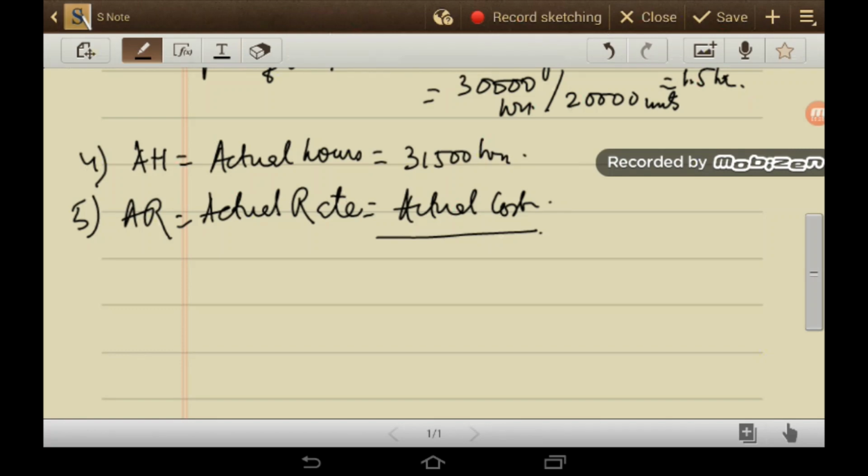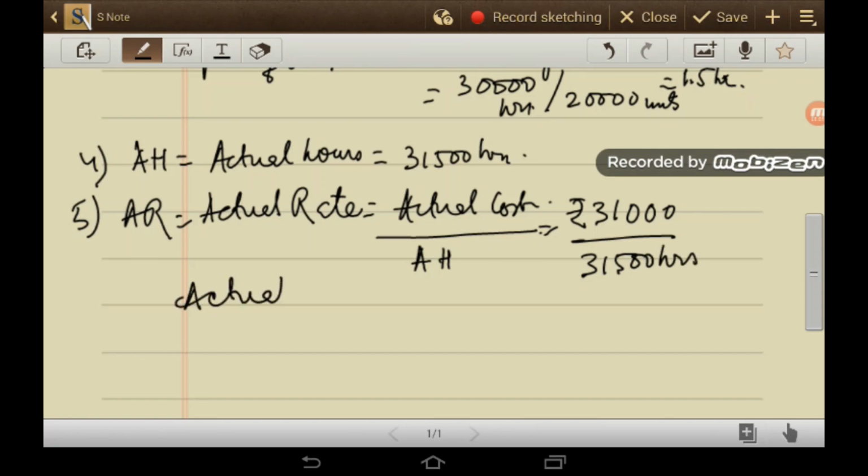Actual cost is actual rate into actual hour. So this is equal to rupees 31,000 divided by 31,500 hours. And actual cost is given in the question to be 31,000.